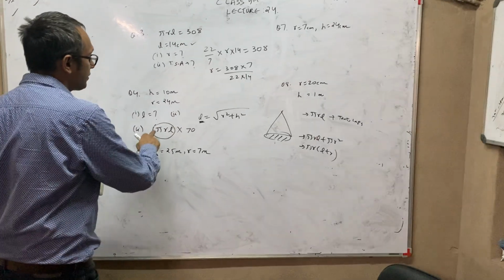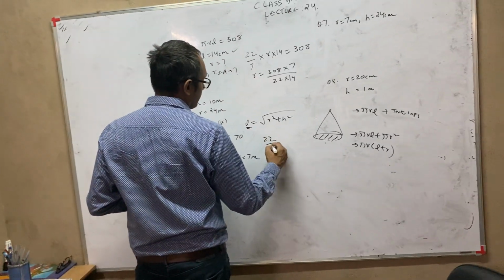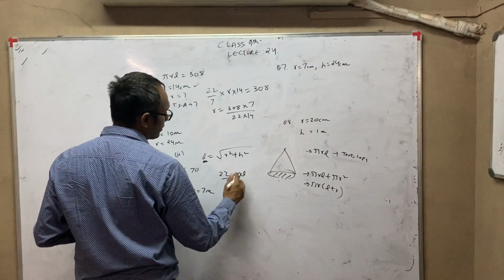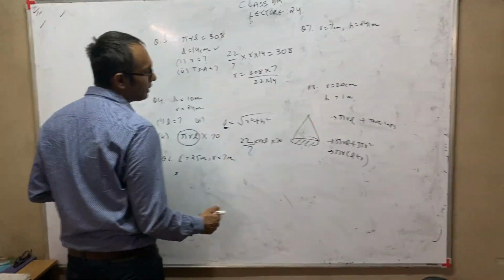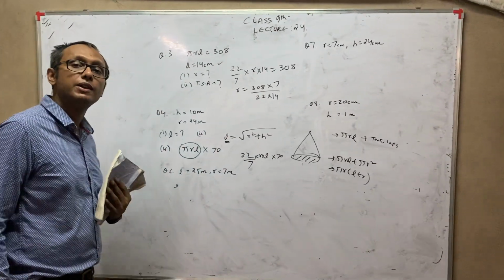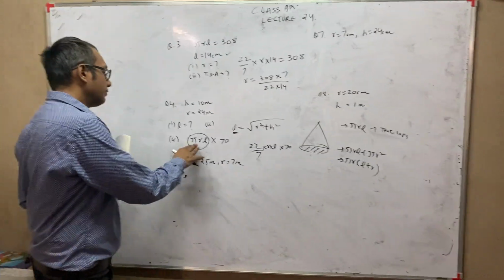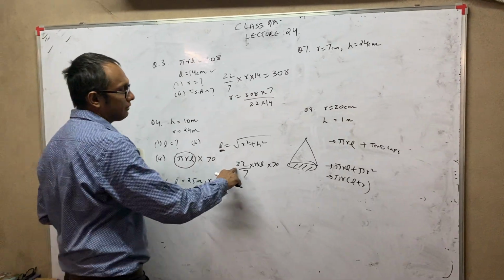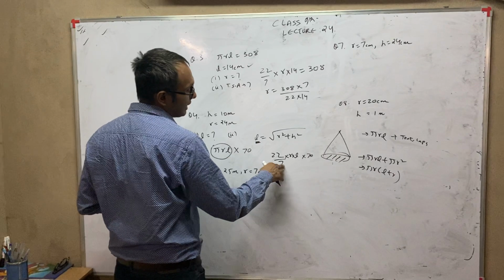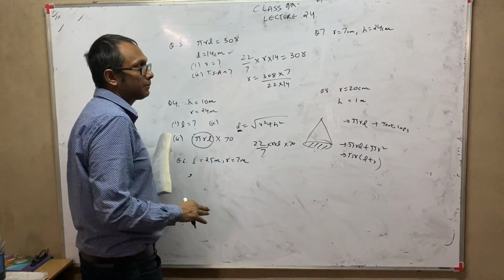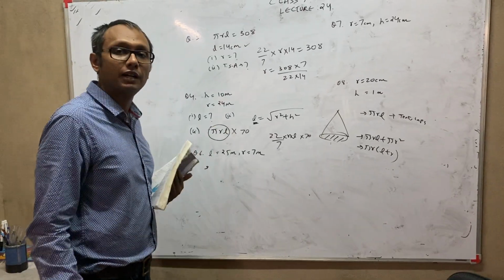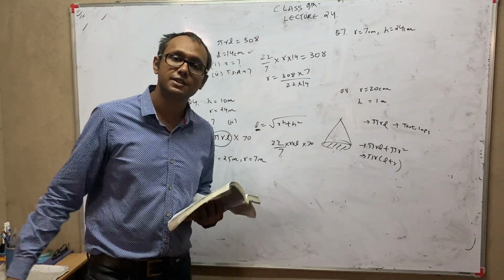Don't do that, because when you find here value of pi is 22 by 7 and whatever r or l you get, when you multiply this by 70, this 7 and this 7 will get cut and your calculation will then finish very fast. So when you find the curved surface area, it would be divided by 7, so you let it be at the denominator, because when you multiply it by 70, then this 7 will automatically get cut. Okay, then your calculation becomes easier.